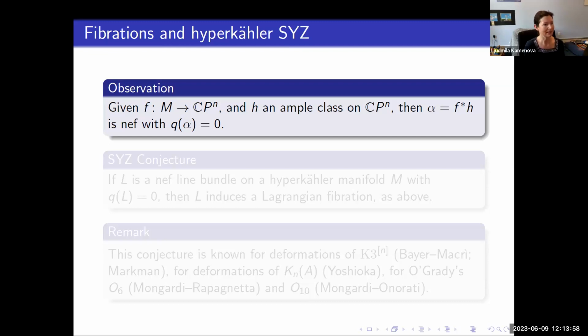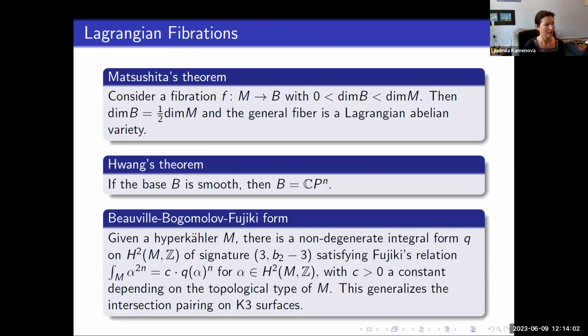This is because, well, let's go back to the previous slide. Since alpha comes from the base, alpha to the n plus 1 is 0, so alpha to the 2n is definitely 0. So 0 is equal to some positive constant times q of alpha to the n. So then q of alpha should be 0.